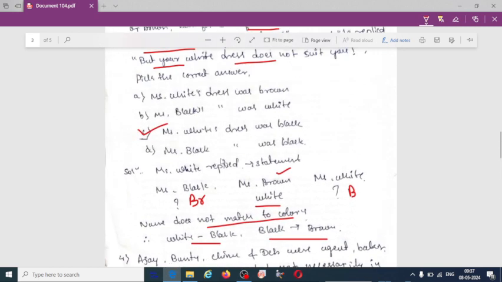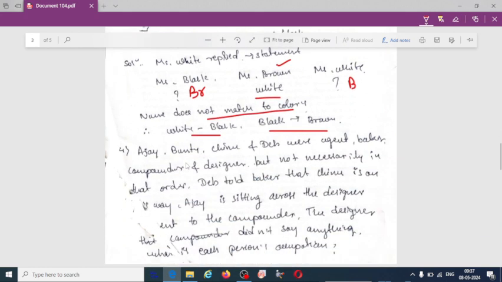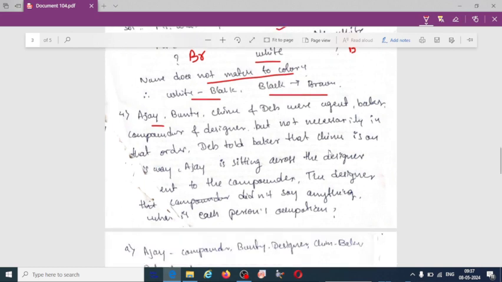So the answer is hidden in the question. You try to read carefully. Ajay, Bunty, Chino and Deb were agent, baker, compounder and designer, but not necessarily in that order. Deb told Baker that Chino is on his way.